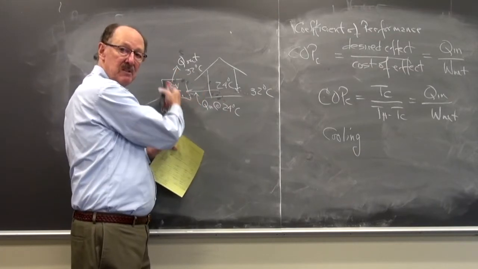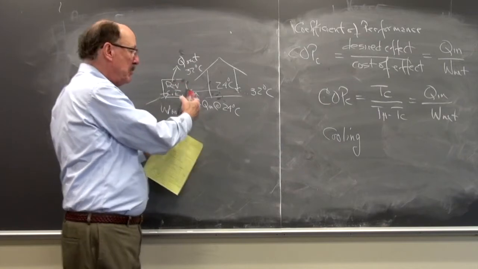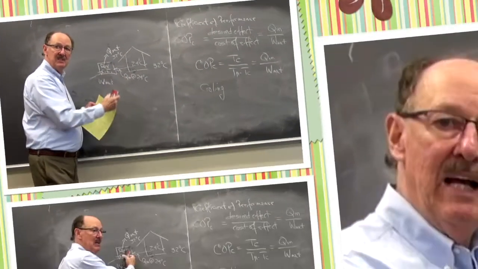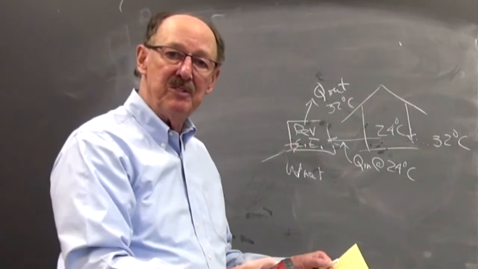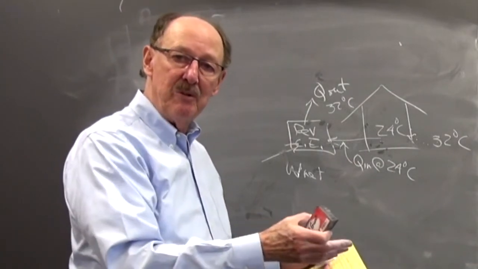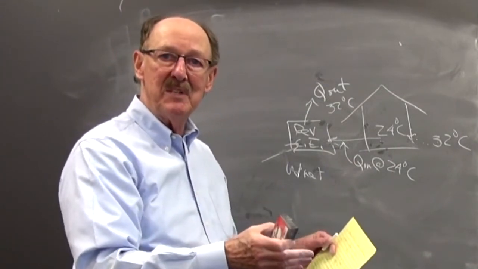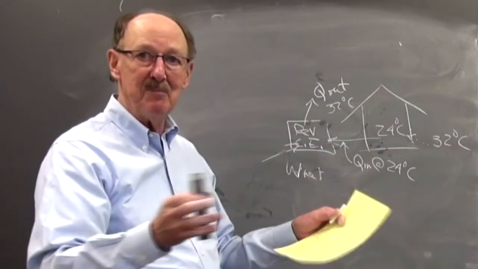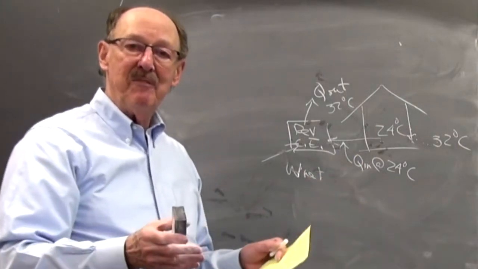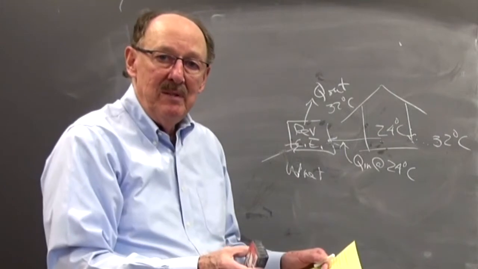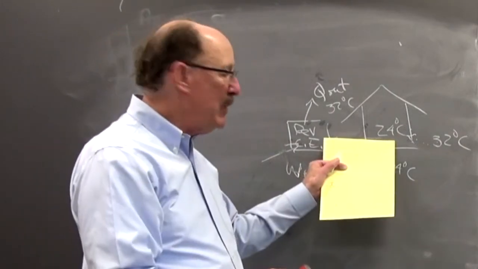It's not a reverse Carnot cycle, but the concept is the same thing. And if you felt around the refrigerator, there's warm air that comes out somewhere, on the bottom, on the top, somewhere. But if I wanted to stay warm, what if this were the winter time?